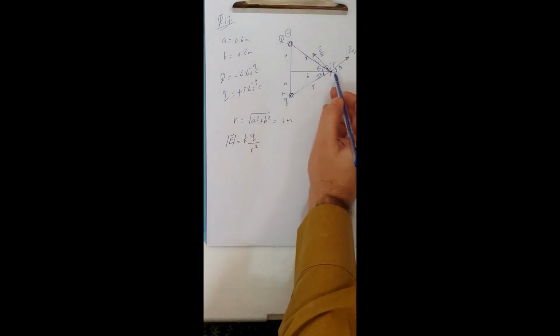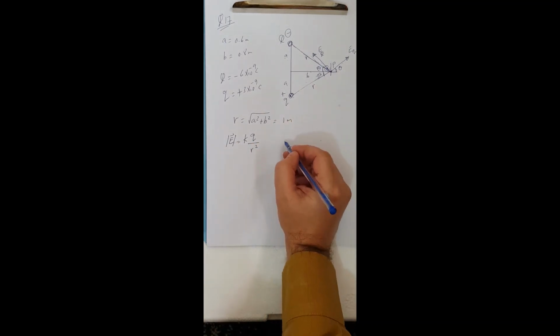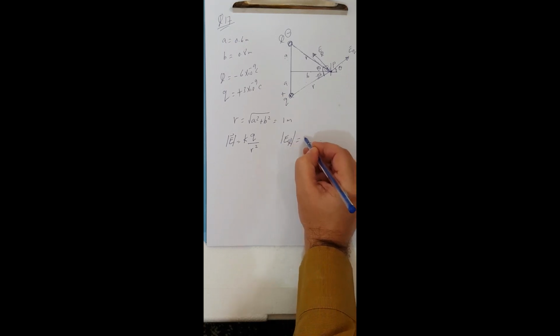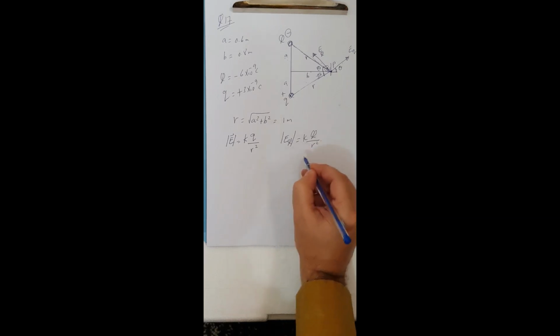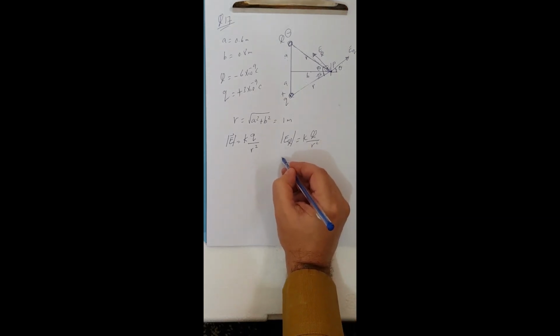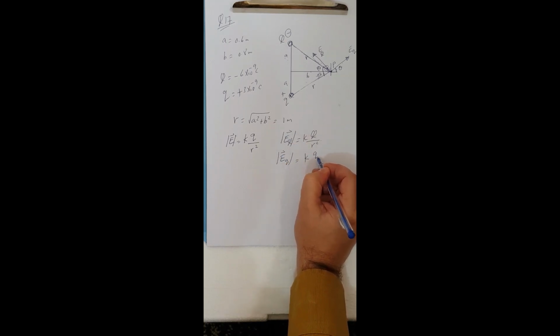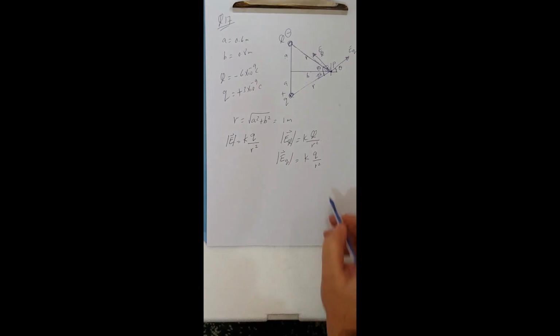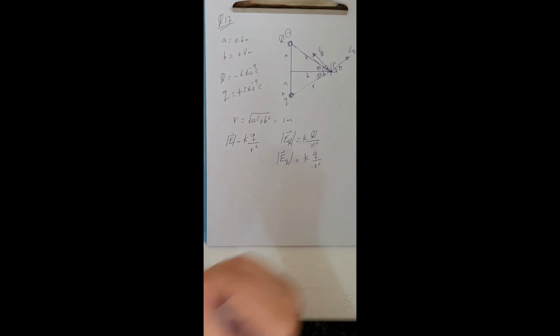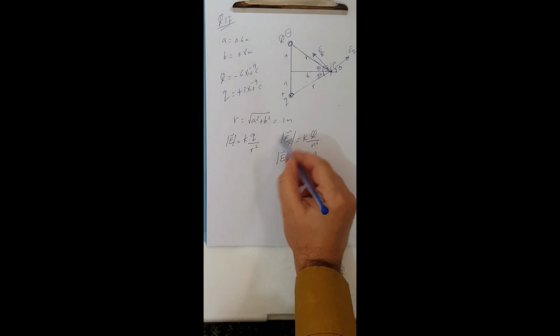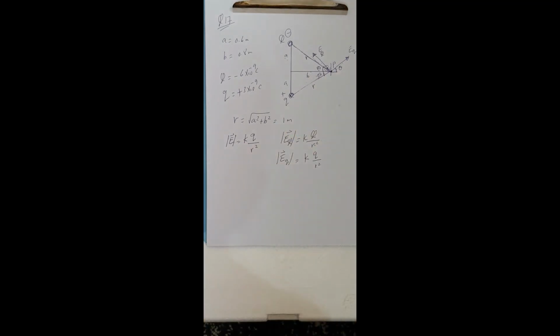If we apply this to the first charge, the magnitude of E_Q is K Q capital over R squared, and for the small one, the magnitude of the vector is K q small over R squared. Remember the R's are the same, but the charges are different, so you have different values of E.